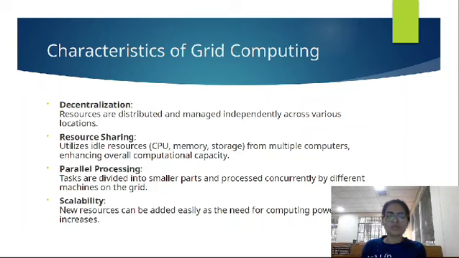In parallel processing, tasks are divided into smaller pieces or subproblems and processed concurrently by different machines on the grid. In scalability, new resources can be added easily as the need for computing power increases. Means if you have a complex problem and 4 computers to solve it, and your problem size is increasing, then you can easily scale up by adding one more machine to your resources.